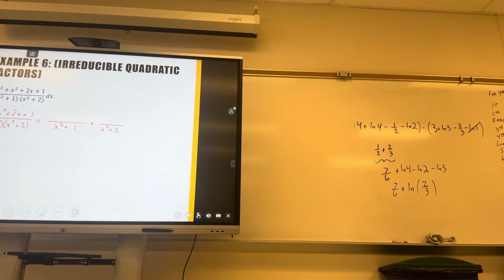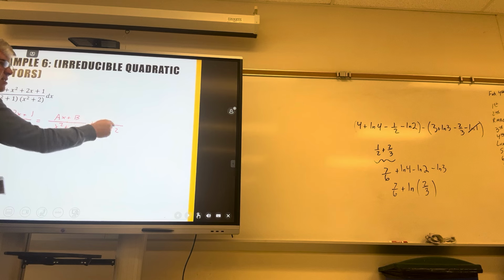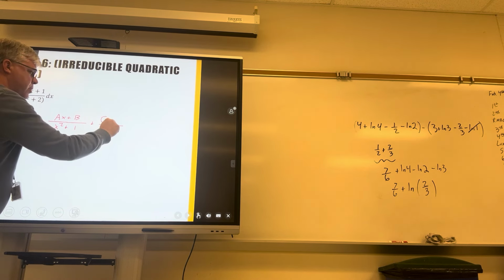If the quadratic can't be broken down any further, then the numerator degree is 1 below the denominator degree. So if this is degree 2, the numerator has to be degree 1. Instead of the general constant like A, B, C, I need a general linear function, which is ax plus b. And then I need a second one over here, which is cx plus d.